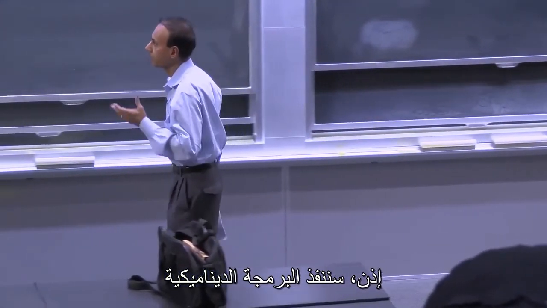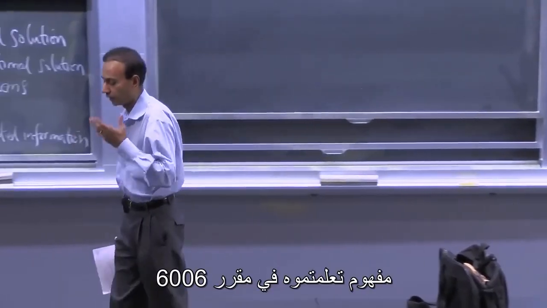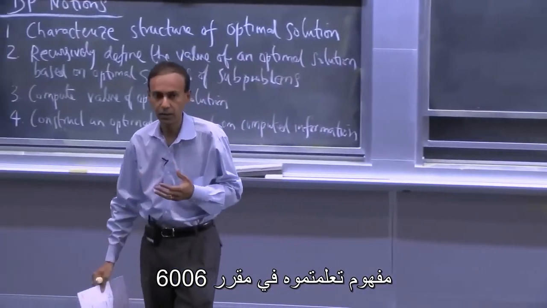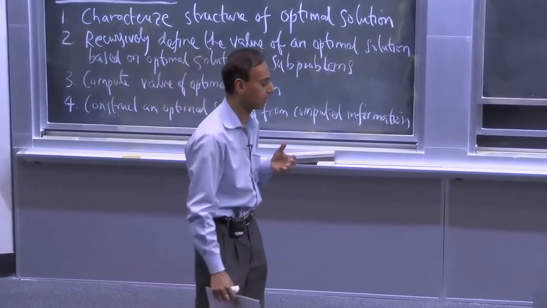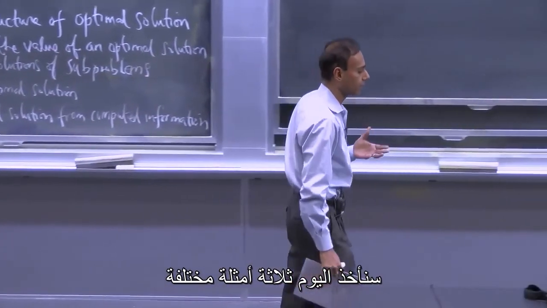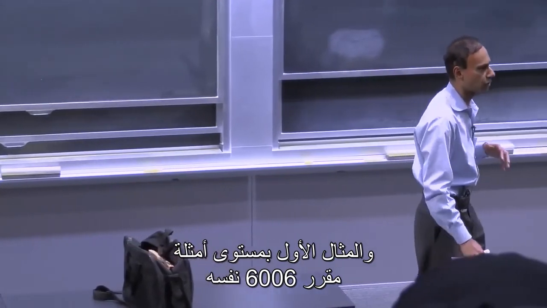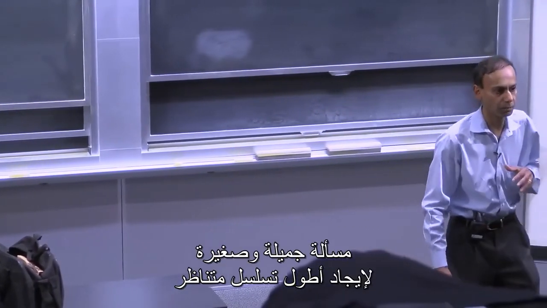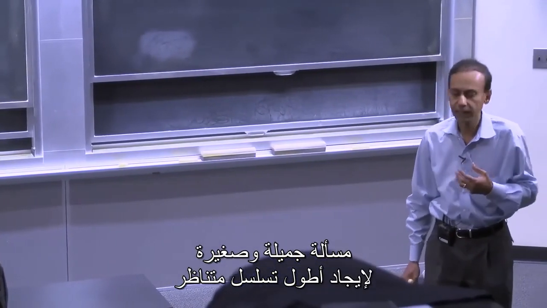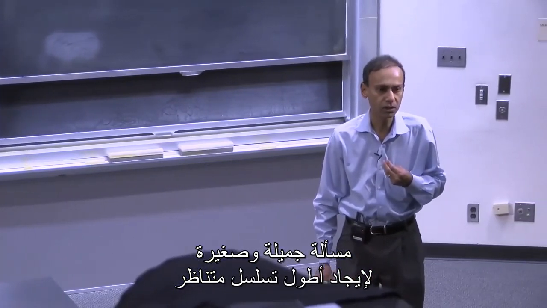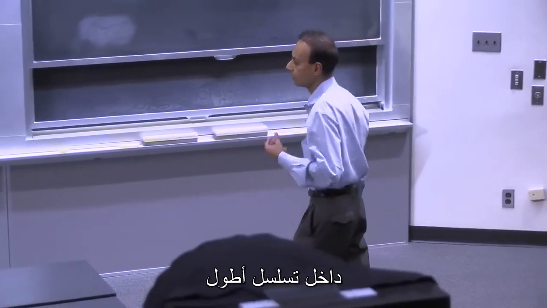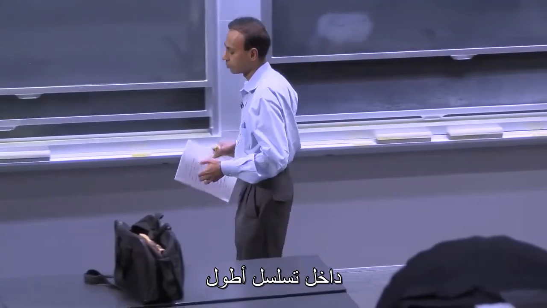So we're going to be doing dynamic programming, a notion you've learned in 6006. We'll look at three different examples today. The first one is really at the level of 006, a cute little problem on finding the longest palindromic sequence inside of a longer sequence.